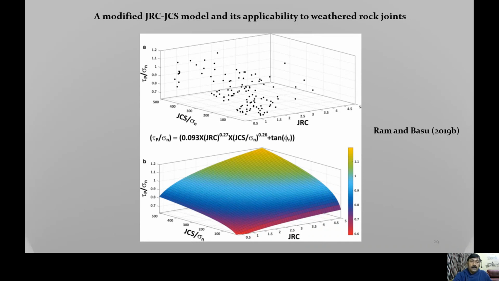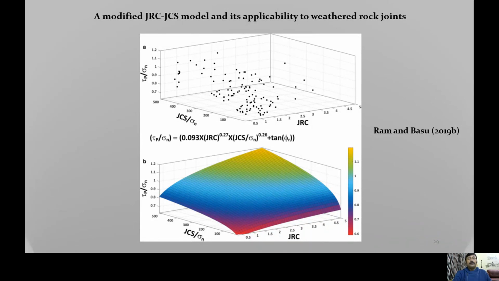This new model that is presented over here proves to be more effective than the other related criteria. So in one sense, it is simple because it is a JRC-JCS model, and on the other hand, it proves to be more efficient than other similar criteria.